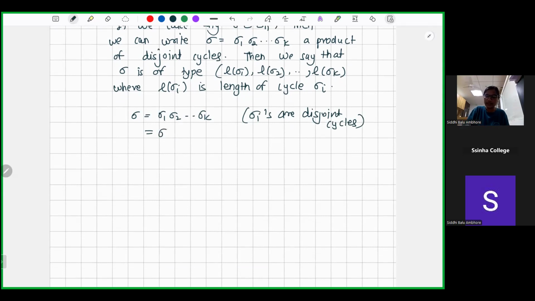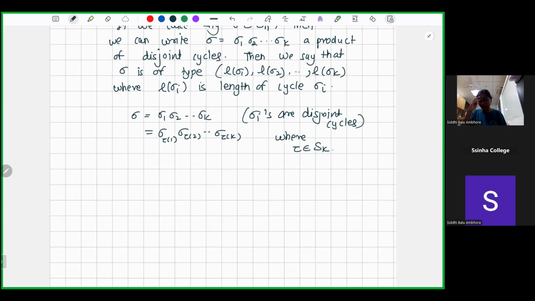So I can write it as sigma tau 1, sigma tau 2, ..., sigma tau k, where I am now choosing this tau in Sk. This permutation, or shuffling or repositioning of the sigma i's, will not change sigma. In general, Sn is not an abelian group, but disjoint cycles commute. So two disjoint cycles commute in Sn.